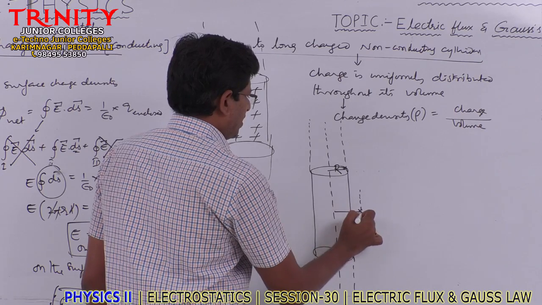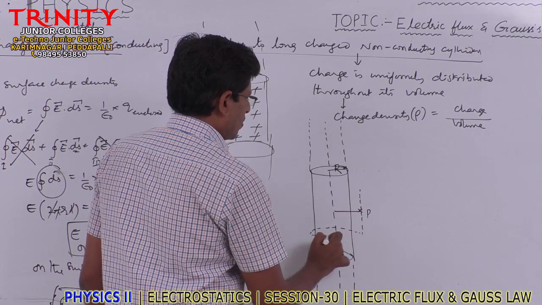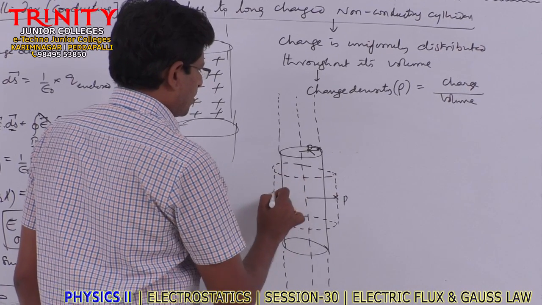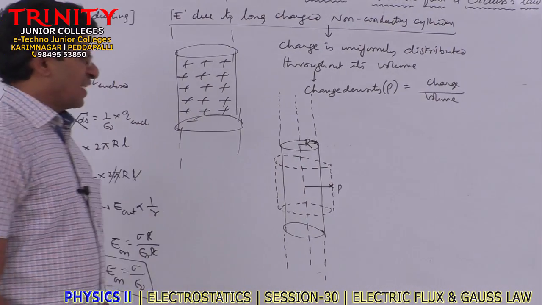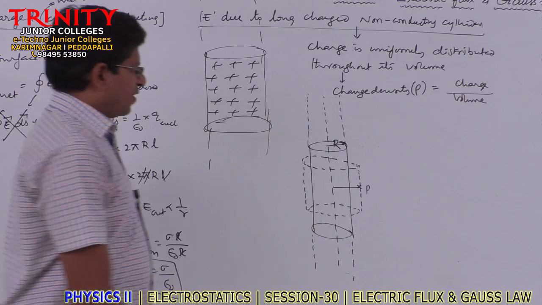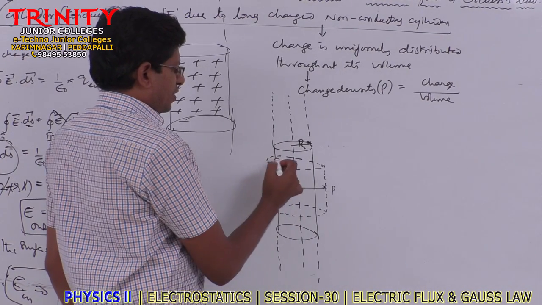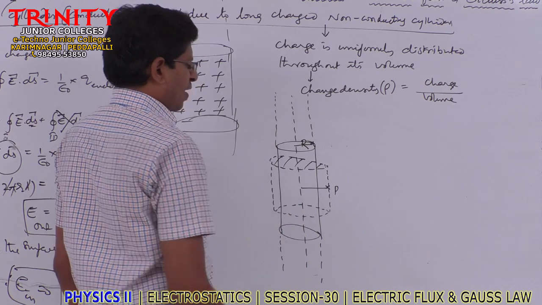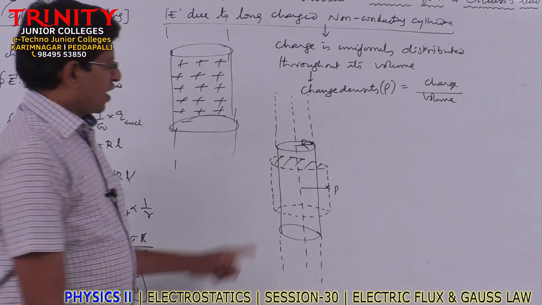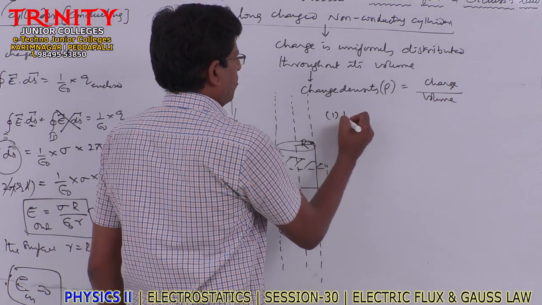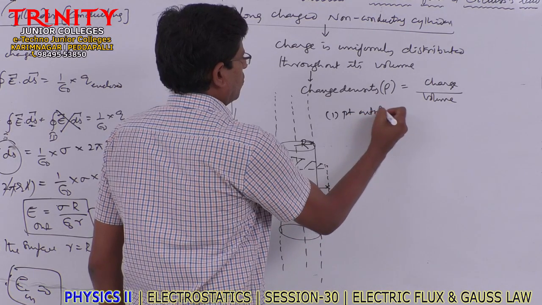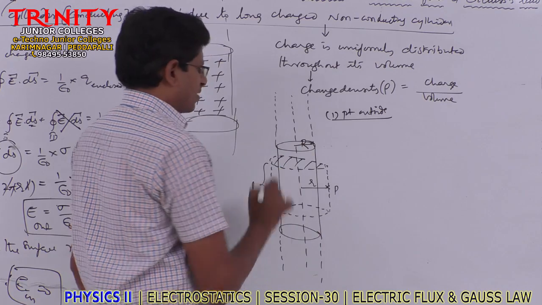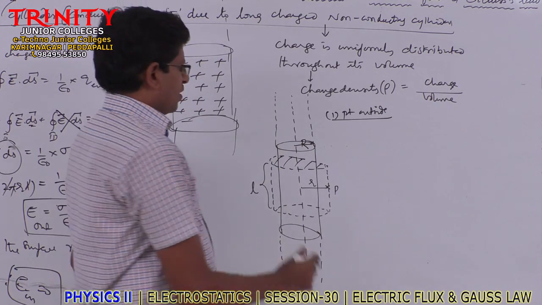We imagine again a Gaussian cylindrical surface like this. Same thing, but the difference is there is charge overall. This is the Gaussian cylindrical surface. Now for the point outside, it is at a distance r, and the length of the Gaussian cylinder is L as usual.